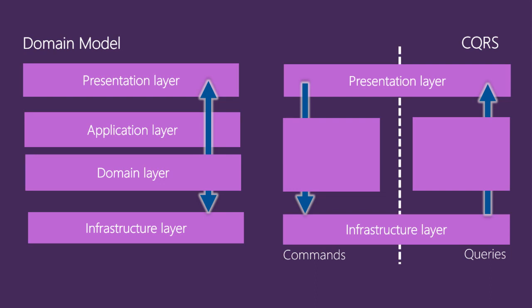What we find in the two blocks is essentially, in the command stack, application layer and domain layer. On the query side, we just have data access. For the most part, we need no logic, or very simple, very basic logic that hardly exceeds the boundaries of some application layer, and for sure, just the query, the SQL database storage query.